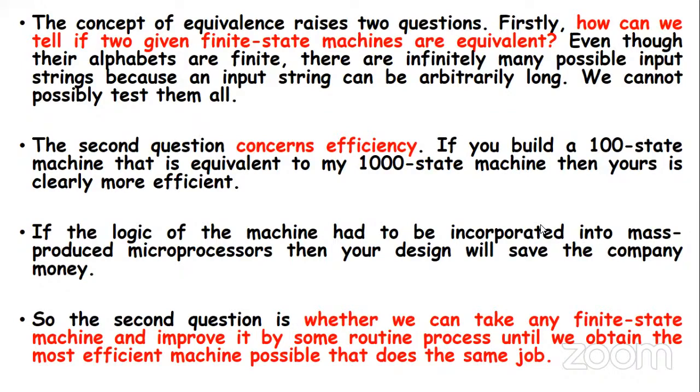If you build a 100-state machine that is equivalent to another person's 1000-state machine, then we may assume that yours is clearly more efficient. However, we cannot say that categorically. Because if, for instance, you are developing a machine that is life critical, we permit redundancy.